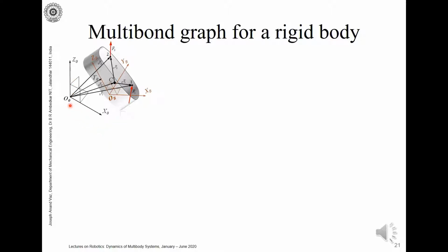We also have an inertial frame here, frame 0, and we have got two representative points, point 1 and point 2 on this rigid body, and there are forces F1 and F2 shown to be acting on these points.